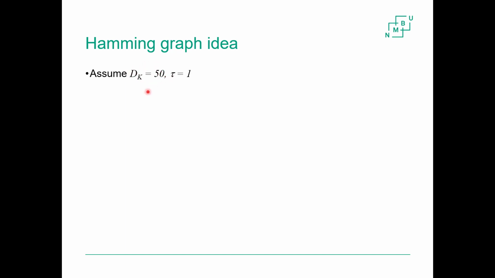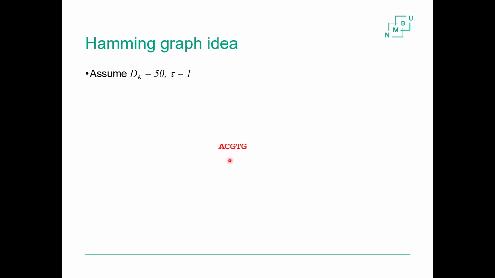It means that if k-mers are without errors, we expect to see them around 50 times. If there are no sequencing errors in our reads and we collect the k-mers, each k-mer should be observed around 50 times.